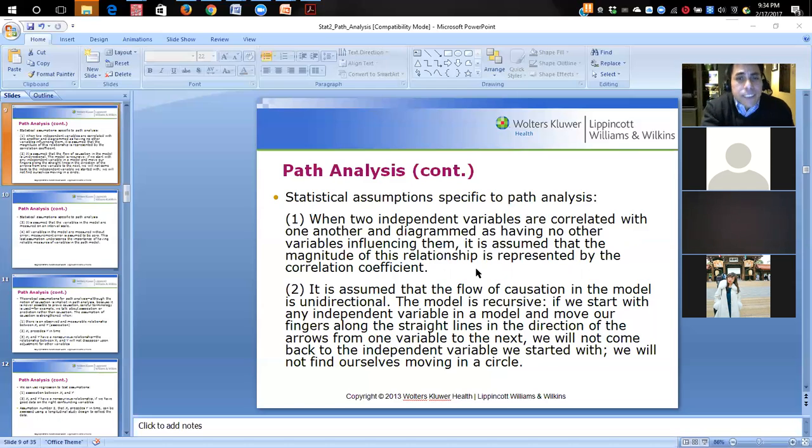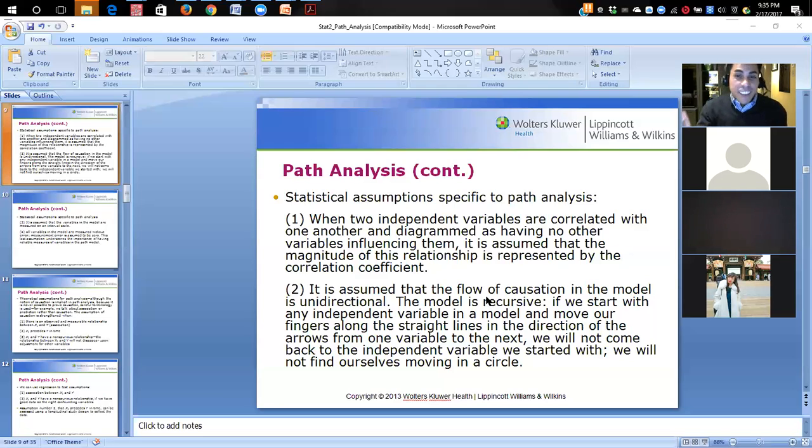The second statistical assumption of path analysis is that the flow of causation in the model is unidirectional. As I mentioned earlier, it's recursive, which is quite ironic because the meaning of recursive is circular, but actually it doesn't allow circular.